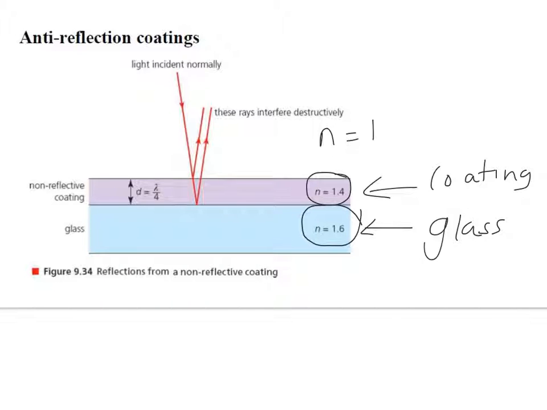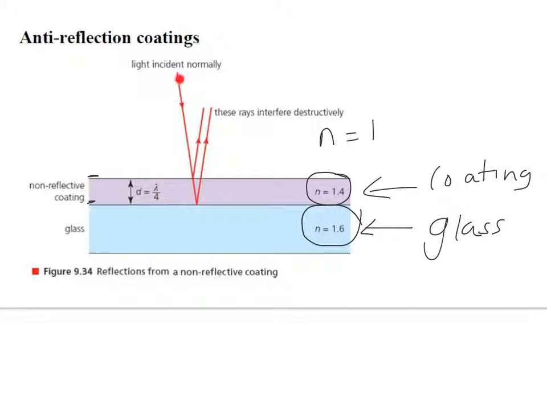So remember the rule, as you go from a low refractive index to a high refractive index, you're going to get a phase difference, like your reflecting wave is going to flip over. So that was a problem before because it happened on one surface and not the other. But here it's going to be happening on both surfaces. So both interfaces are from low to high refractive index.